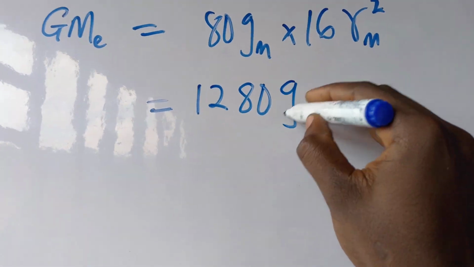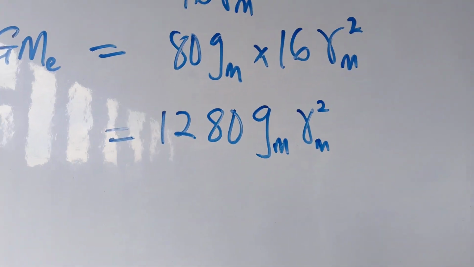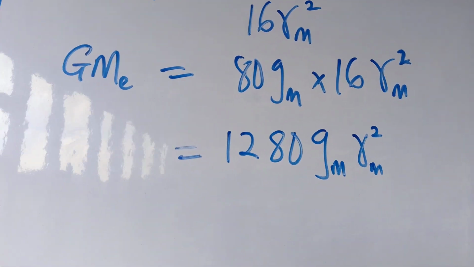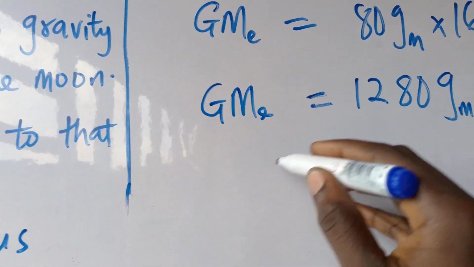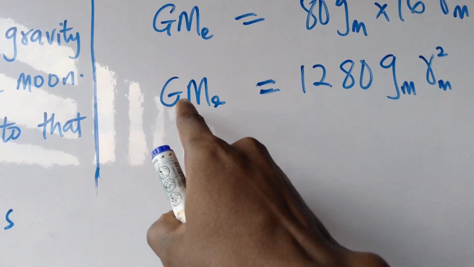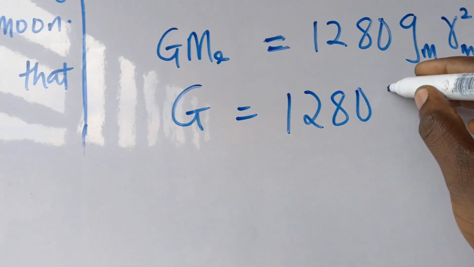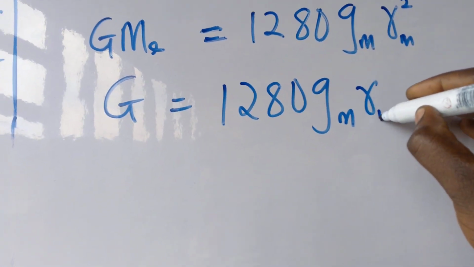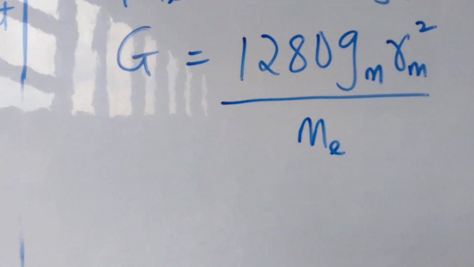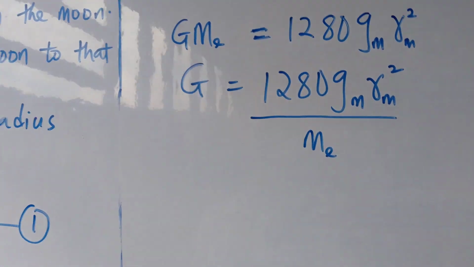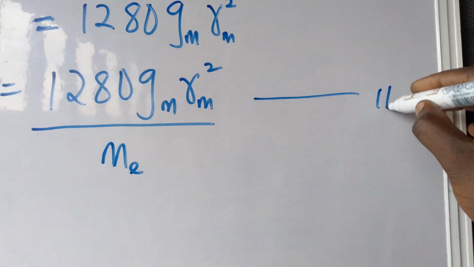And I'll have 1280 GM RM square is equal to capital G ME. So if I make capital G the subject of the formula, capital G equals 1280 GM RM square divided by ME, the mass of the Earth. Okay, so I can call this equation 3.